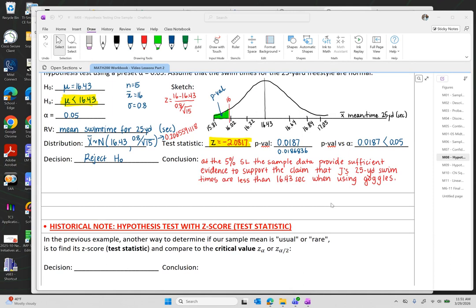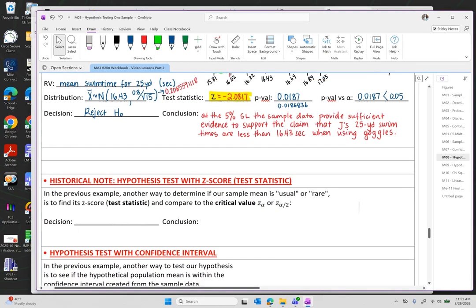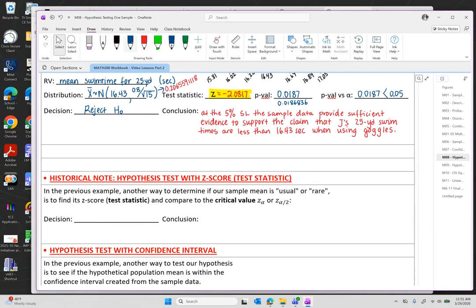So for this example, we are looking for a left tail test. So when we are looking for a left tail test that has a mean of 0, z-score, right, and a standard deviation of 1, and we are looking for the unusual outcomes or the rare outcomes to be the outcomes on the left 5%.